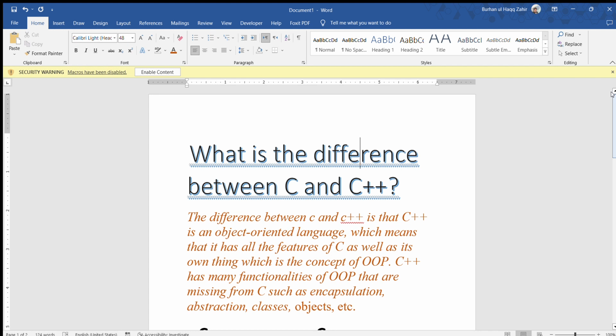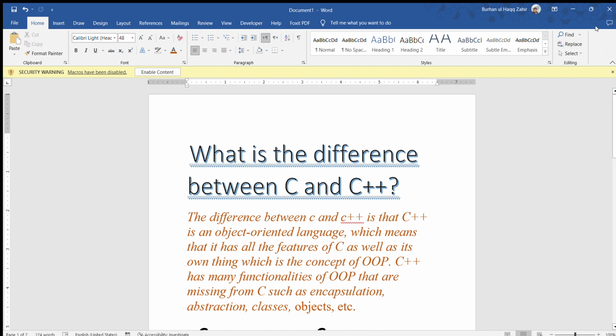OOP is very important, and we will learn about it later. C++ has all the features of C, as well as many concepts of OOP, like encapsulation, abstraction, classes, and objects, but in C there is nothing.